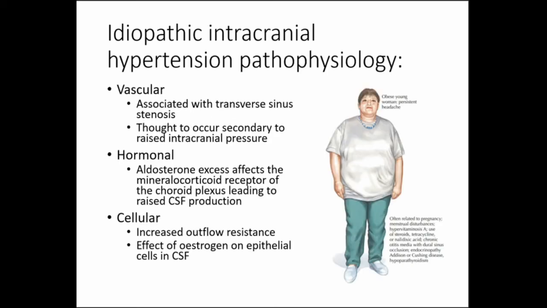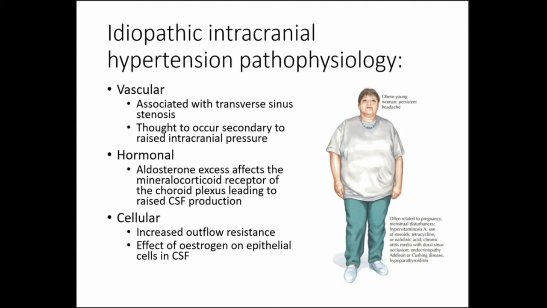So idiopathic intracranial hypertension is thought to be related to vascular, hormonal, and cellular pathologies. So stenosis of the transverse sinus is associated with intracranial hypertension. However, it's thought that this isn't the cause and is rather secondary to the raised intracranial pressure.